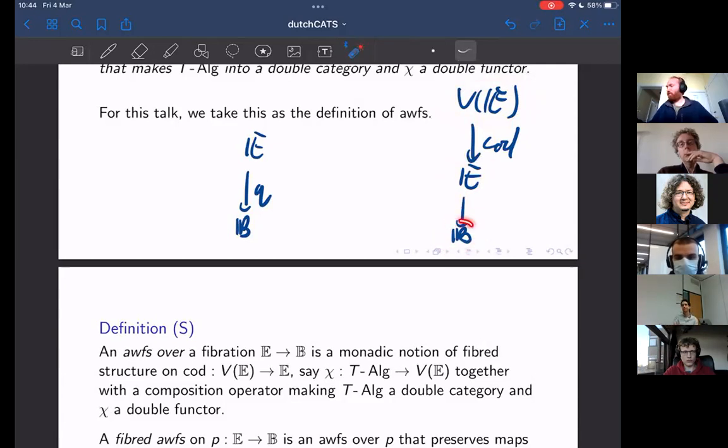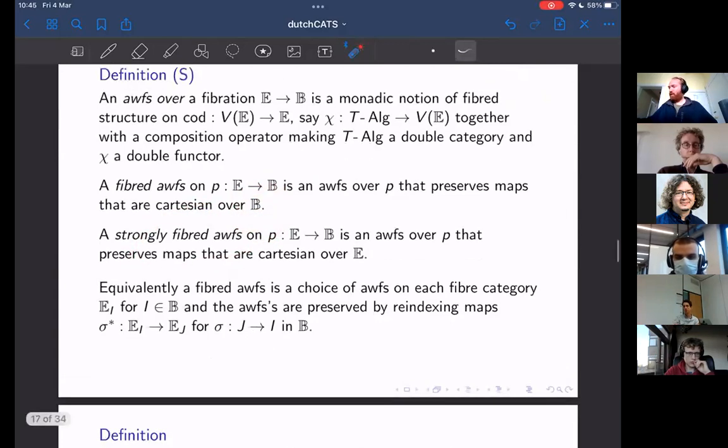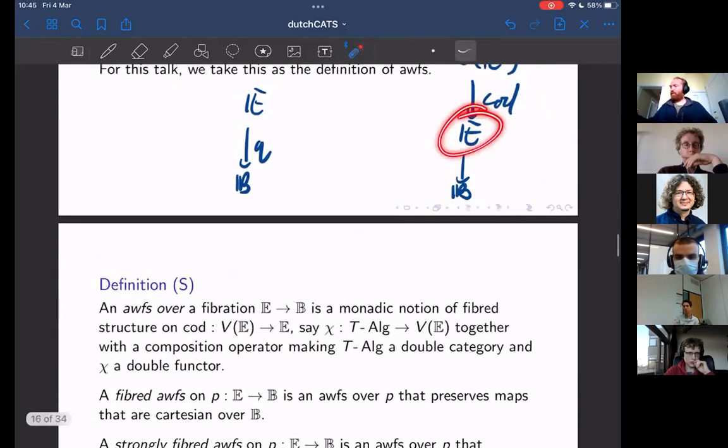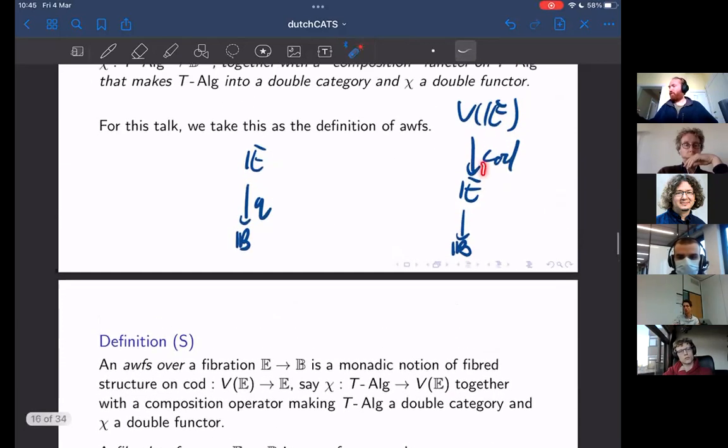So fibered is when we take this as the base, so a fibered algebraic factorization preserves maps that are Cartesian over B. And then strongly fibered says that we are thinking of E as the base of the fibration. So in this case, P has to preserve maps that are Cartesian over E. So we're thinking of this as the base.